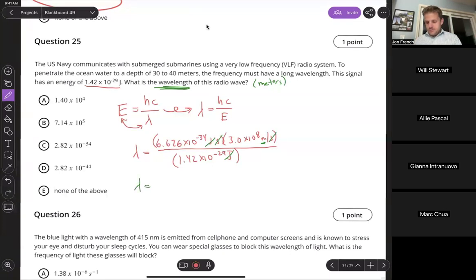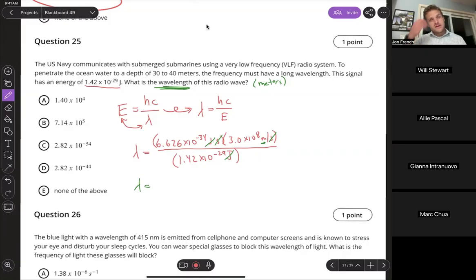All right, so 6.626 times 10 to the minus 34 times 3 times 10 to the 8th, and then divide that by 1.42 times 10 to the minus 29. And I get a really big wavelength, right?